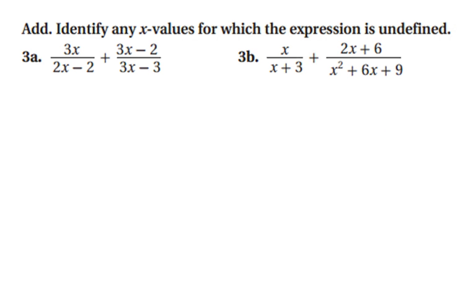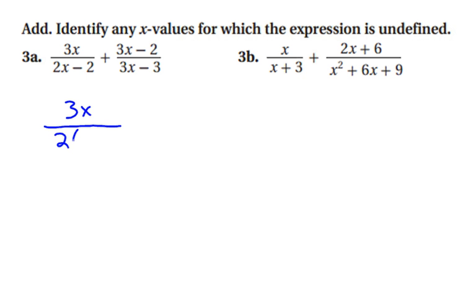So if we come to addition and subtraction type problems here, same idea. First you want to get a common denominator and then work from there. And it's always beneficial to simplify if you can. In this first one, we have 3x over 2x minus 2.